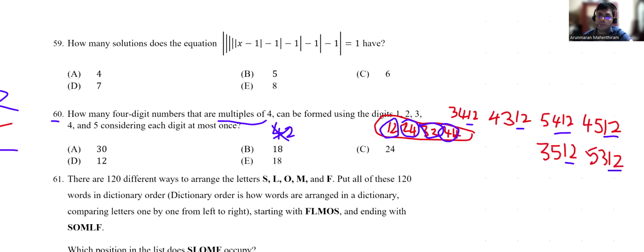The first two digits are 34, 43, 54, 45, 35, 53. There are 6 possibilities, but this is for 12. Similarly, we can make 6 numbers for 24 as well as for 32 and 52. Therefore for the four possibilities, we can make 6 numbers each. So the answer is 4 into 6, 24. So answer C, that is 24.